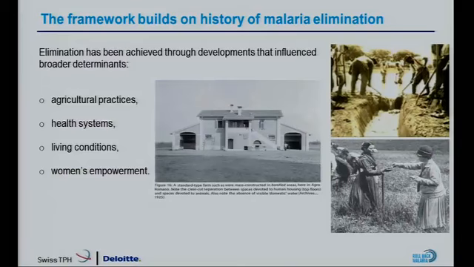They were able to improve agricultural practices, to strengthen health systems, to improve living conditions of populations at risk, and to empower women so that malaria could be eliminated. We all know that these improvements will have to be made in addition to delivery of purely medical prevention and control interventions.